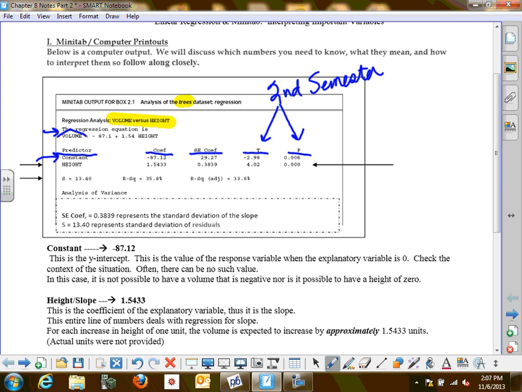So this first row is a line about the y-intercept. And you can see here, look at the coefficient number. Do you see this number? Negative 87.12. Where else have we seen that on this printout so far? In the equation of the line right there. So this value here is the y-intercept in the equation.